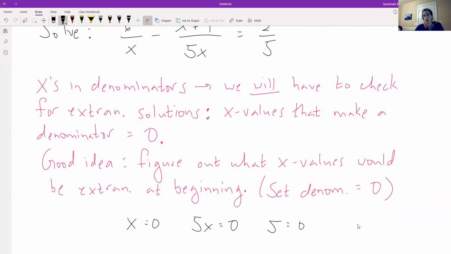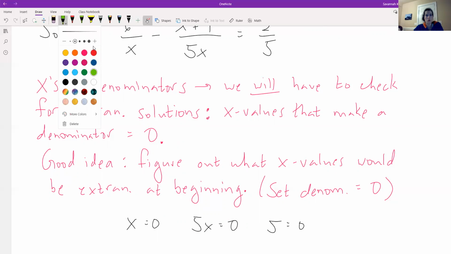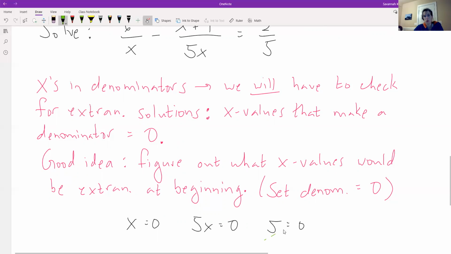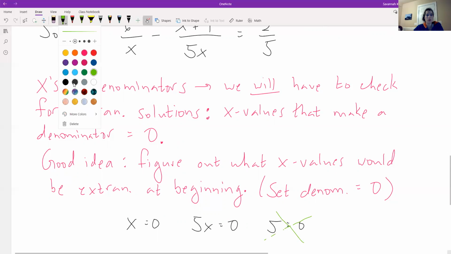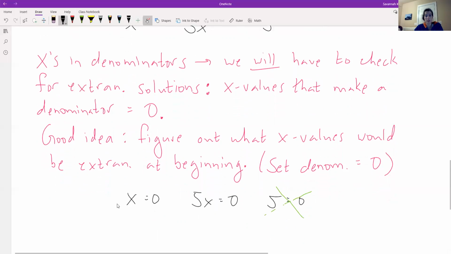So we're just trying to set them all equal to 0. Now, 5 cannot be 0. So without further ado, that doesn't make any sense. Let's cross that out. X equals 0.